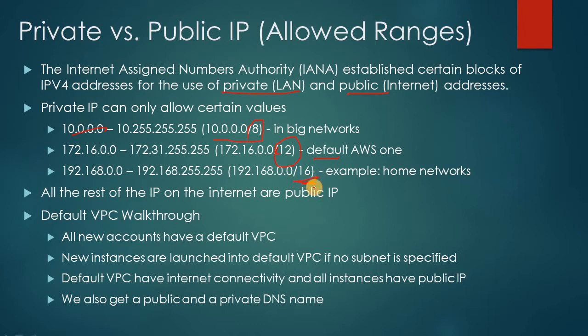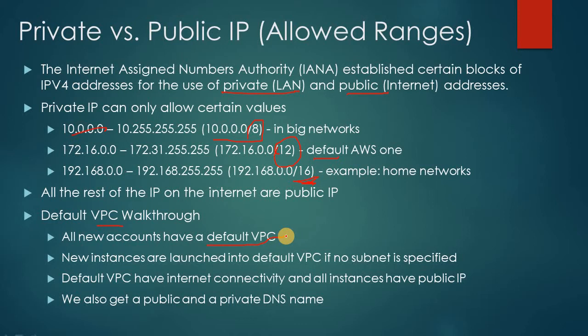The minimum subnet mask range we give is 16 once we start creating a VPC. All new accounts have a default VPC, right?